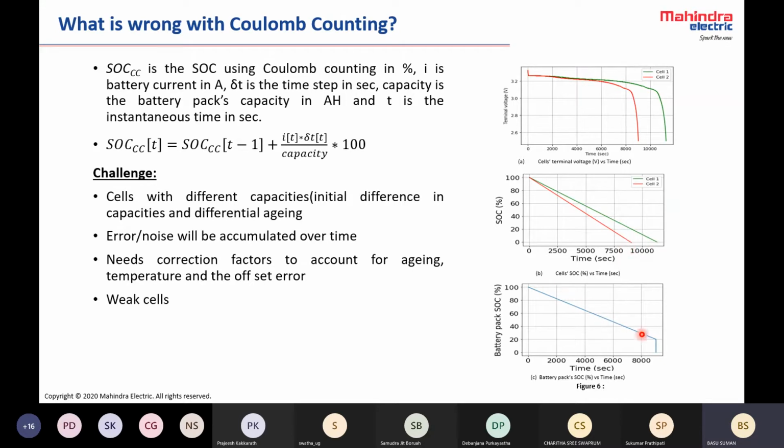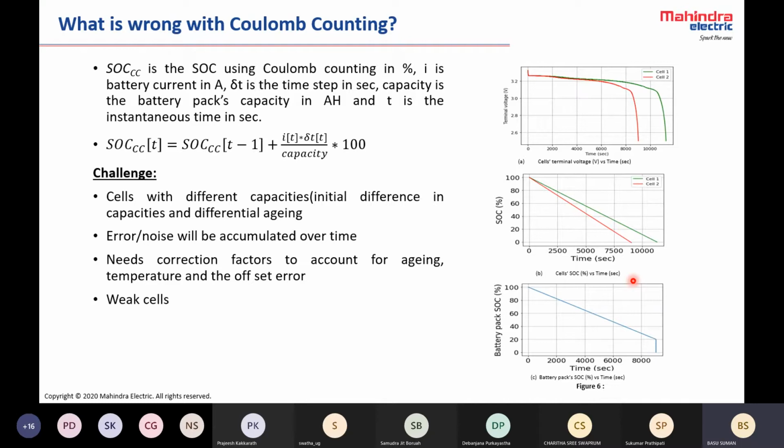We are following like this, but at the moment when the weaker cell, the red cell, reaches the cutoff voltage, we will have to stop the vehicle because the cells are neither allowed to overcharge nor over discharge. Overcharging is a safety issue, over discharging is a life expectancy issue. It's actually not just life expectancy. If it is done repeatedly, it can become somewhat of a safety issue also.